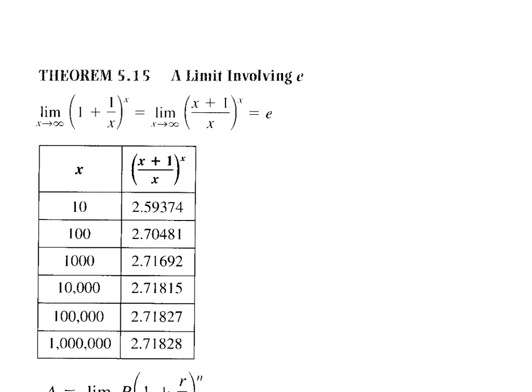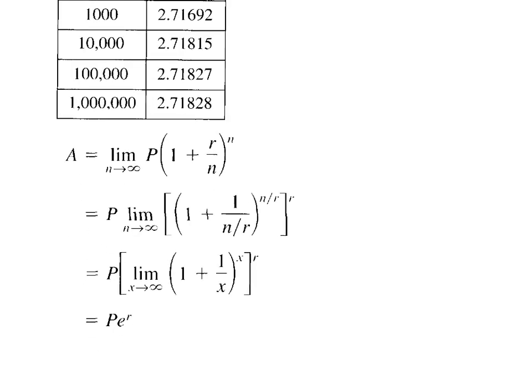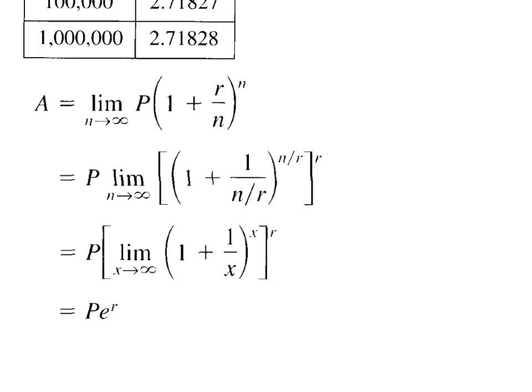Some of you asked, what if we made it compound more and more and more? Well, think about what we're doing here. Here's the formula we started with: 1 plus r over n, 1 plus 1 over n over r, if you will. And we make this n over r the x.